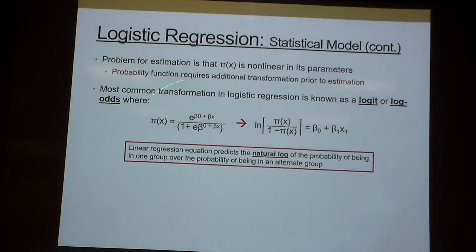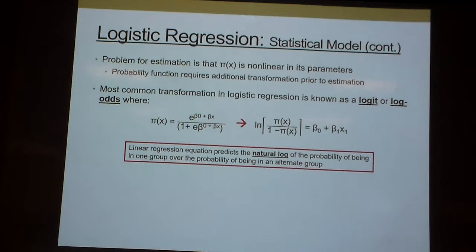So basically, if this is the probability function that we're trying to predict, we can't do that easily within our basic general linear model. But what we can do is transform this and solve for just the linear equation. And what we get here, at least in the natural log or in the most standard form, is a linear model that's predicting the natural log of an odds ratio, okay?